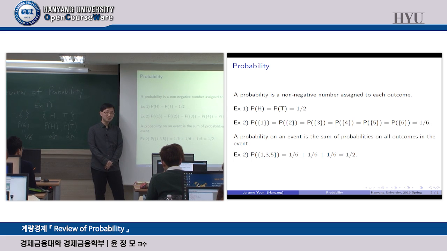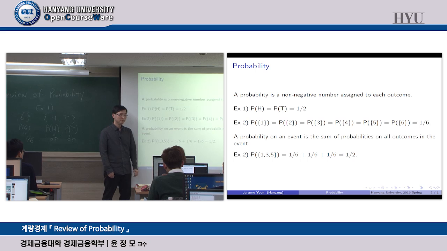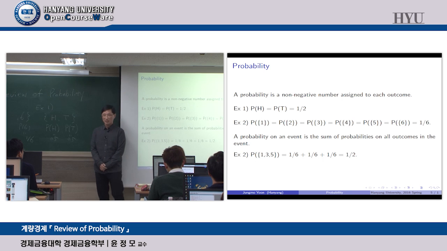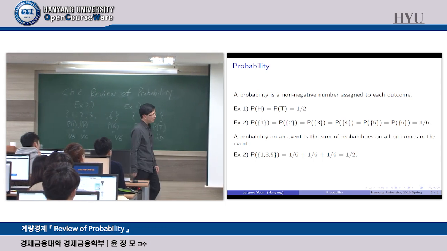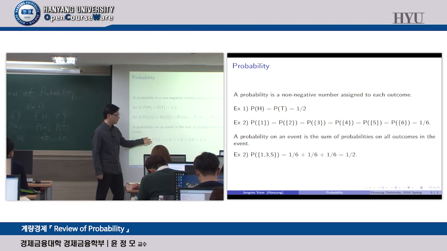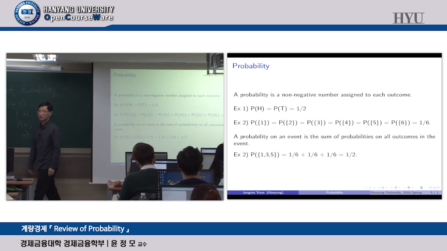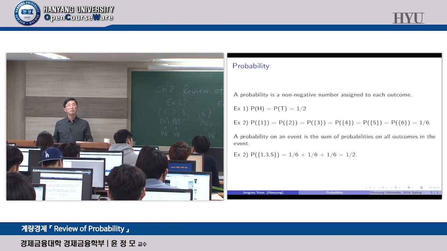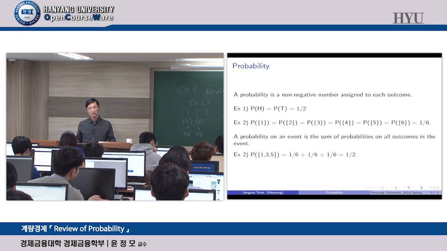Because if you throw a dice, you get either 1 or 2 or 3 or 4 or 5 or 6. You never have 1 and 3 at the same time, right? So in that sense, they're exclusive to each other. So the probability of an event is simply the sum of the probabilities of the outcomes that belong to this event. So that's why you believe that if you throw a dice, you have a 50% chance of getting an odd number. Right?